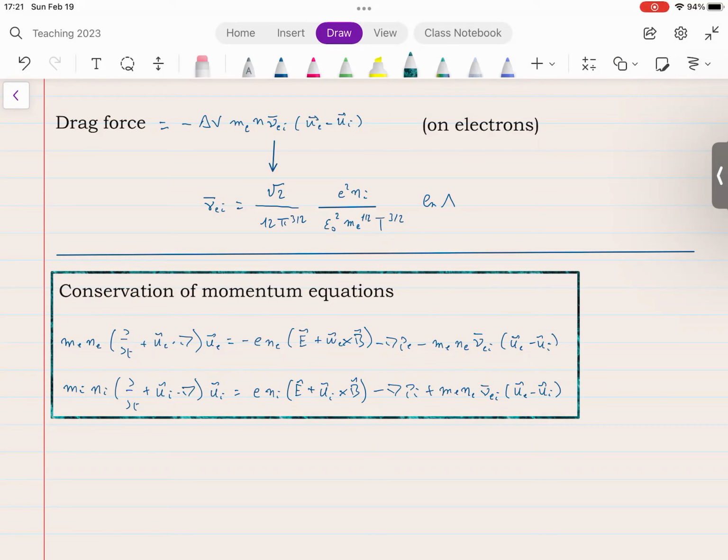And of course, as you may hopefully know from statistical mechanics, we're going to have the same problem that we always have.